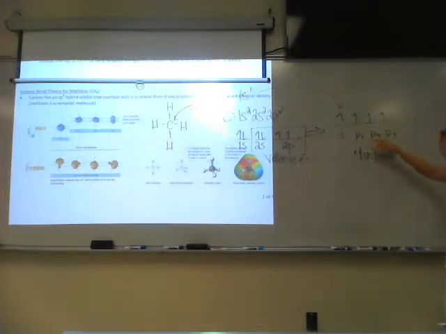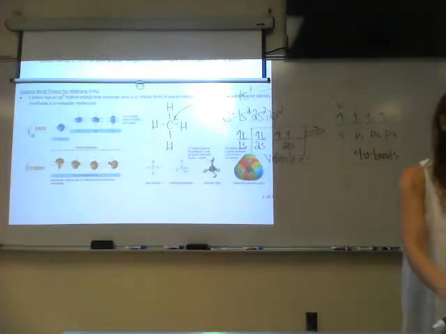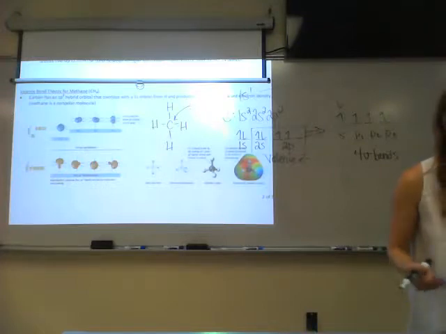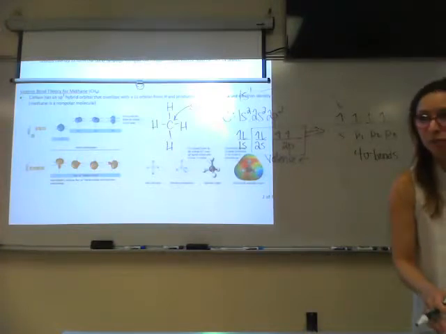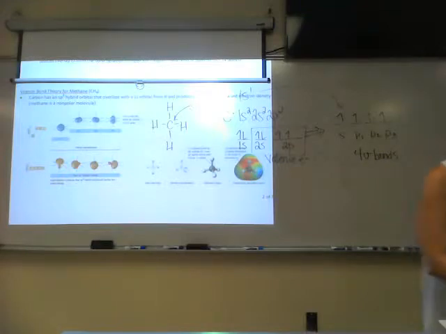I simply use this to show you how many orbitals you would need. Now, why are we talking about hybridization of orbitals? Hybridization of orbitals is a much better explanation for bonding. They're more stable. Let's turn to the next page.